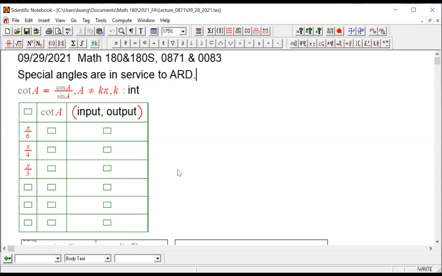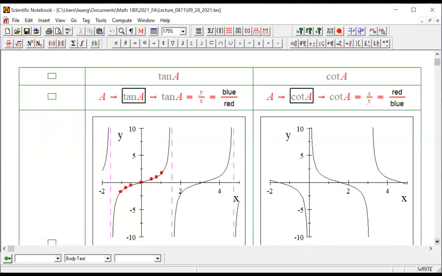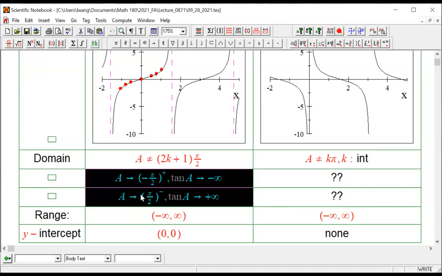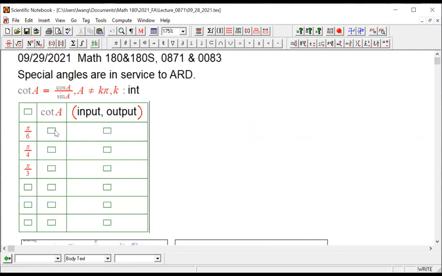So with that said and done, how would you analyze this? How would you get those other gaps filled, which you need for your success in calculus? You're going to get something similar to that, but at different places. Let's see how we do that. For pi/6, pi/4, pi/3, can you find the cotangent value of them?